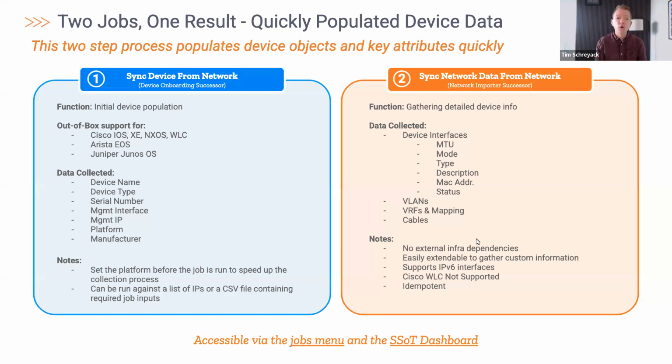You can run this over and over again. You're going to get the same result, no problem. There's no harm in running it multiple times. It's not something where you can only do this once and not again after you've done it the first time. This functionality is available via the Nautobot Jobs menu, as well as the Single Source of Truth dashboard. Those are the two ways that you might get at these particular jobs and be able to run them off.